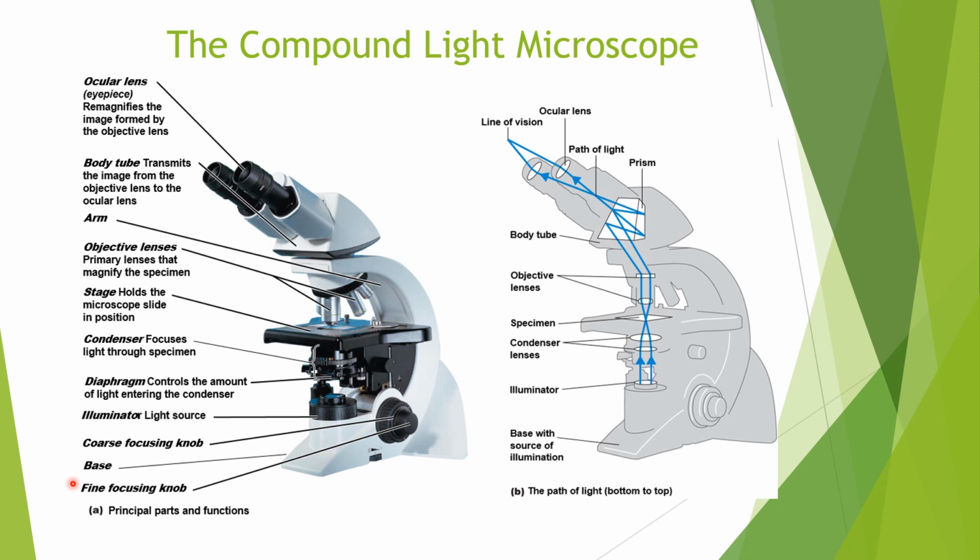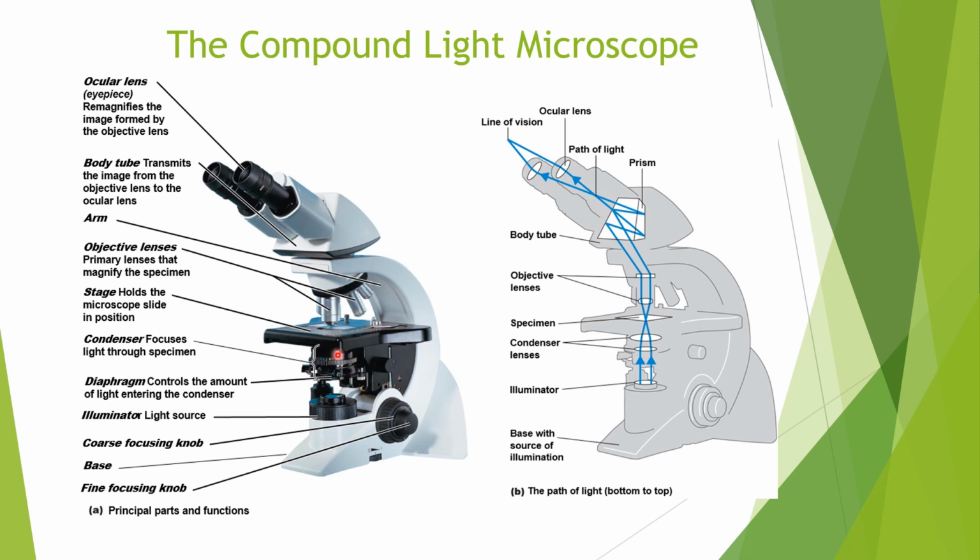By the way, the light is going to shine from down here, where you have the light source, and it's going to shine upwards on the specimen. So where do we place our specimen? We place our specimen right here on the stage. On the stage, you place your slide that has the specimen.